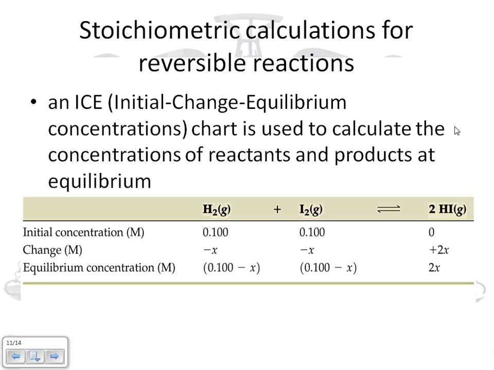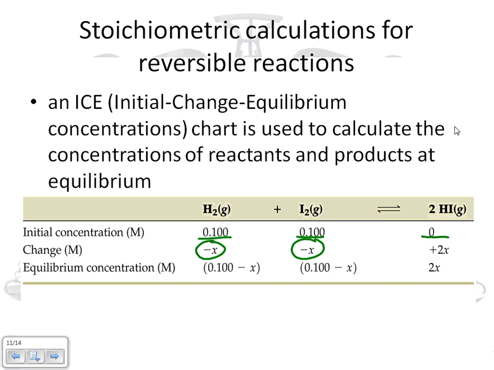It will help you. So here's what happened at this equilibrium. I had 0.1 millimoles or moles per liter of H2 starting. I had 0.1 moles of I2 starting, and I had 0 products. I don't know what the change is going to be, but I know that because I have no products, I'm going to decrease my reactants by some number.